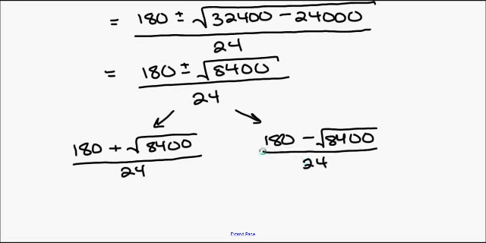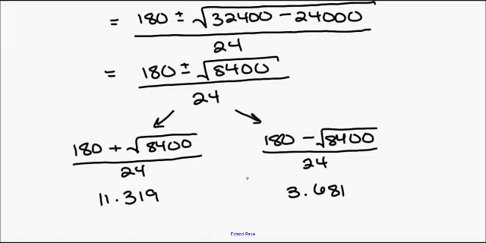So for the first one, we get 11.319. For the second, we get 3.681. Okay.